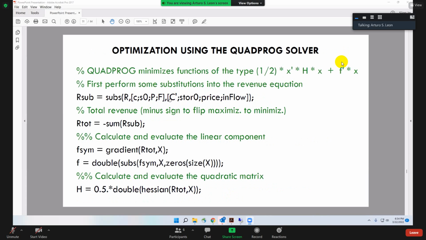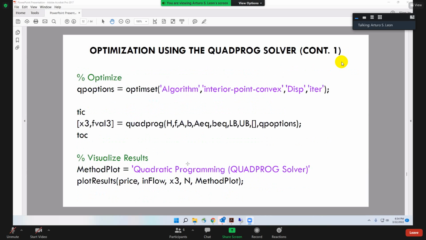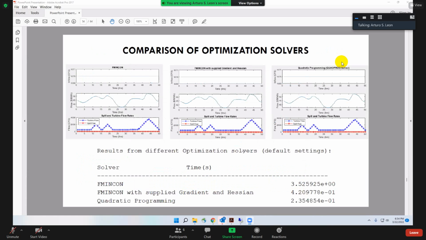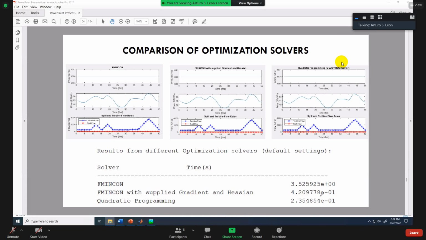Now, if you use a quadratic programming solver, you have to define the function of this type. This is how you define it, the Q options. This is in MATLAB, by the way. Here I just copied this one, and the results will be pretty much similar. If you compare the results, you notice that the quadratic programming is much faster, because the simulation takes only 0.2 seconds in this case.